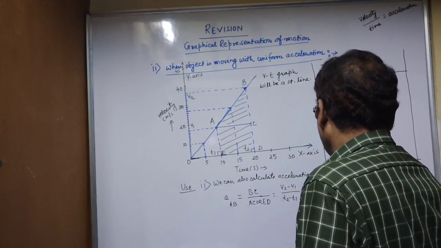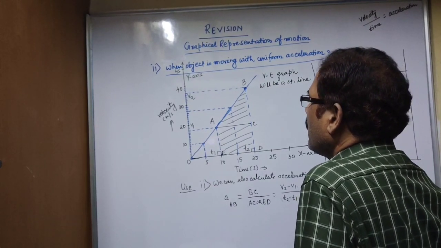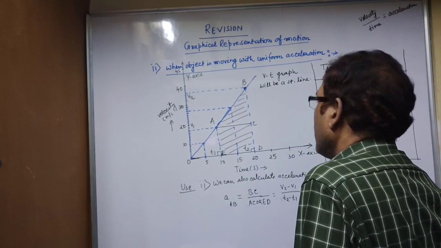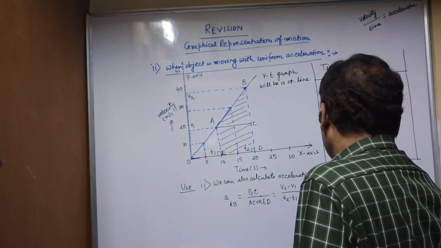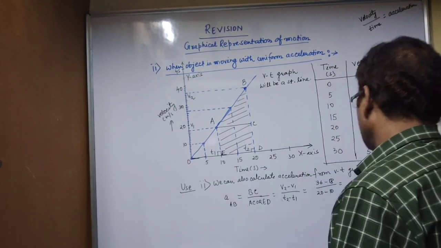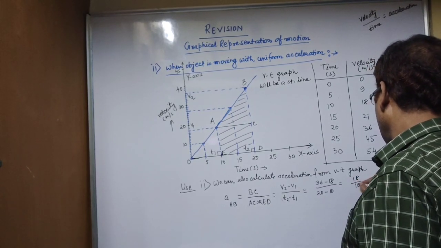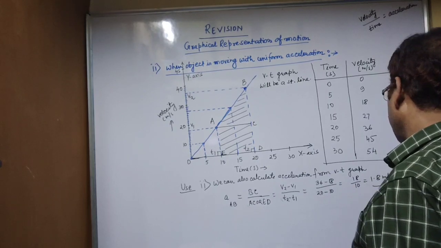So it will be 36 and V1 is 18, and T2 is 20 and T1 is 10. So it will be 18 by 10, so 1.8 meter per second square.